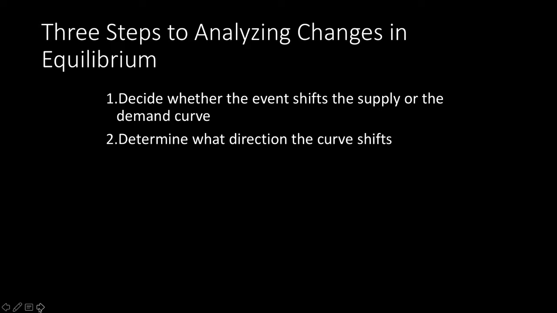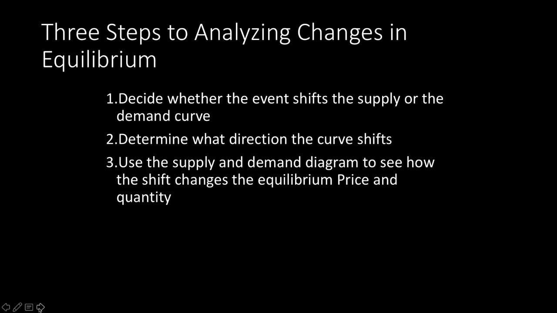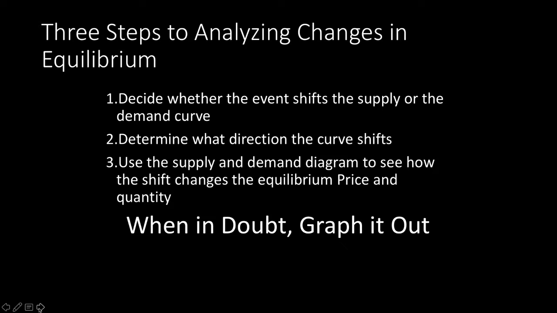Step 2, once you've determined if it's the supply or demand curve that's moving, determine what direction the curve is actually shifting. Step 3, use the supply and demand diagram to see how the shift changes equilibrium price and equilibrium quantity. Okay? And the basic rule is, when in doubt, graph it out.